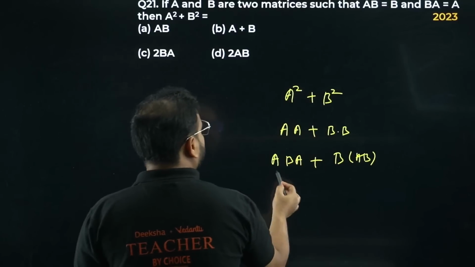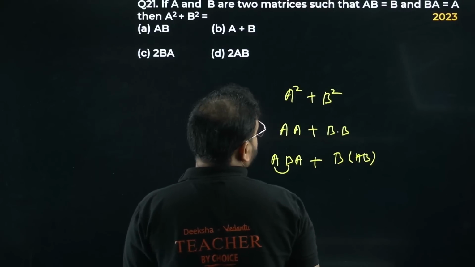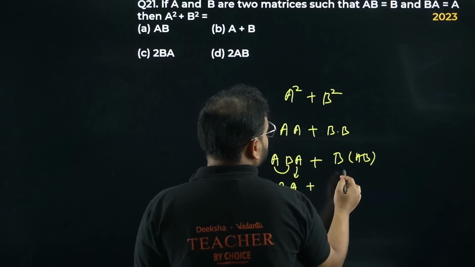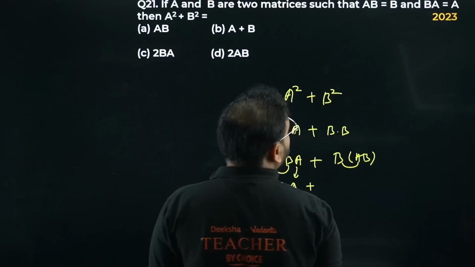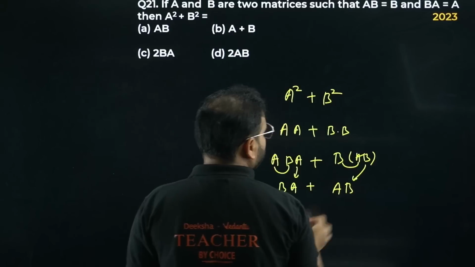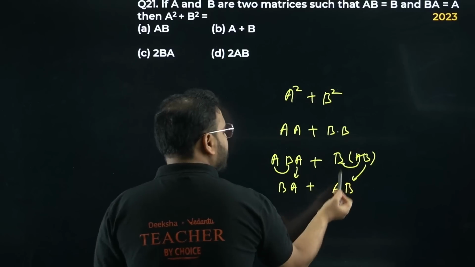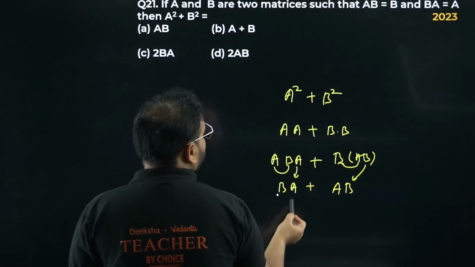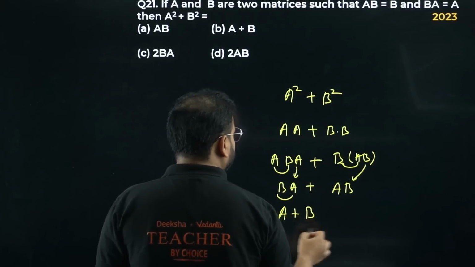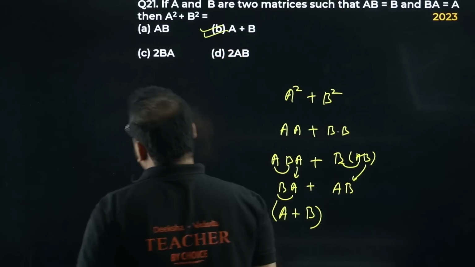AB will become equal to B, and A remains as it is, so BA. Then I can write BA as simply A, and B remains as it is. I'm writing AB as B and A as it is, BA as A and B as it is. Now BA is simply A, and AB is nothing but B. The answer is coming as A plus B. Option B is correct.